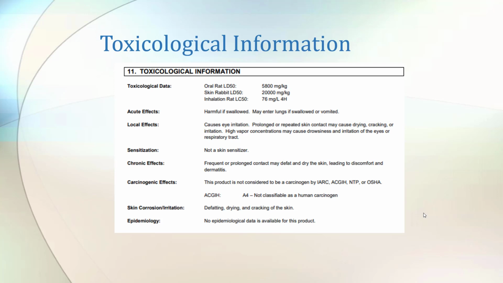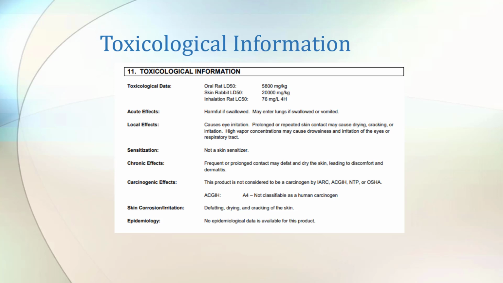And so we look at this and we say, okay, a rat was given 5,800 milligrams per kilogram of this chemical, and 50% of the population died through oral. Skin absorption is what it talks about, the skin rabbit. So it took 20,000 milligrams per kilogram on the skin of a rabbit to kill 50% of the population. And then inhalation is breathing.